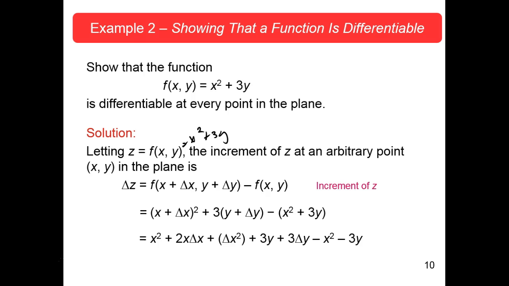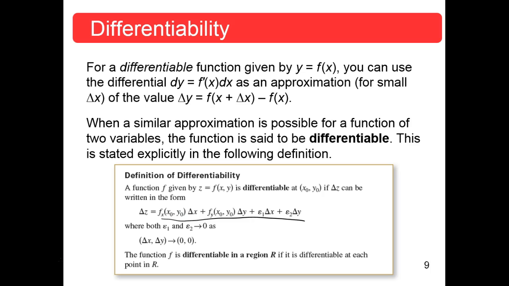Over here, when they give the definition of differentiability, what they say is that the delta z, of a function given by this, is differentiable if delta z can be written this way.